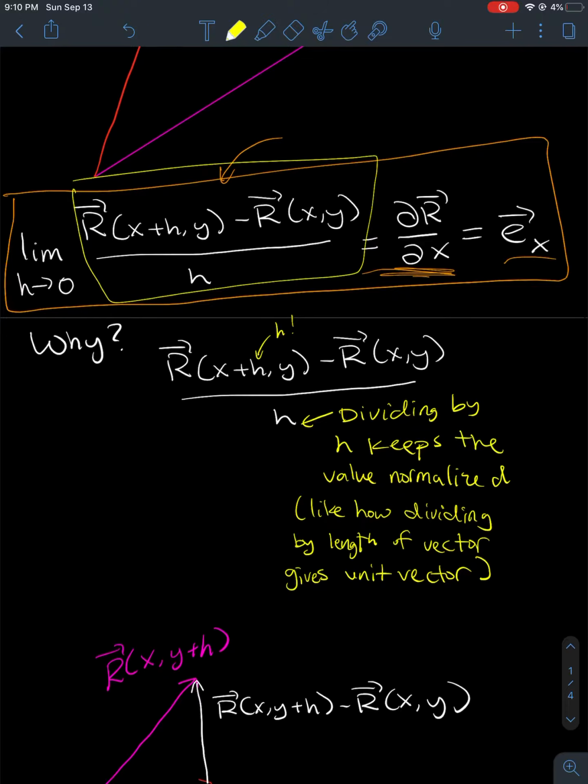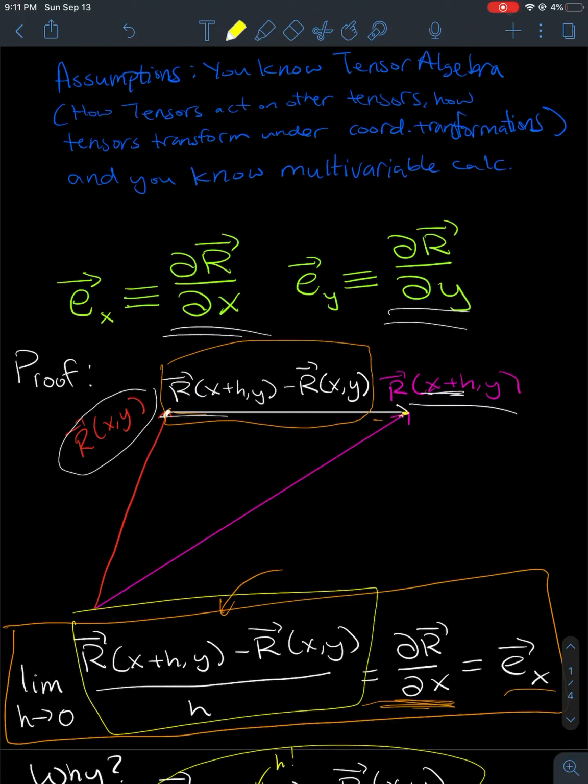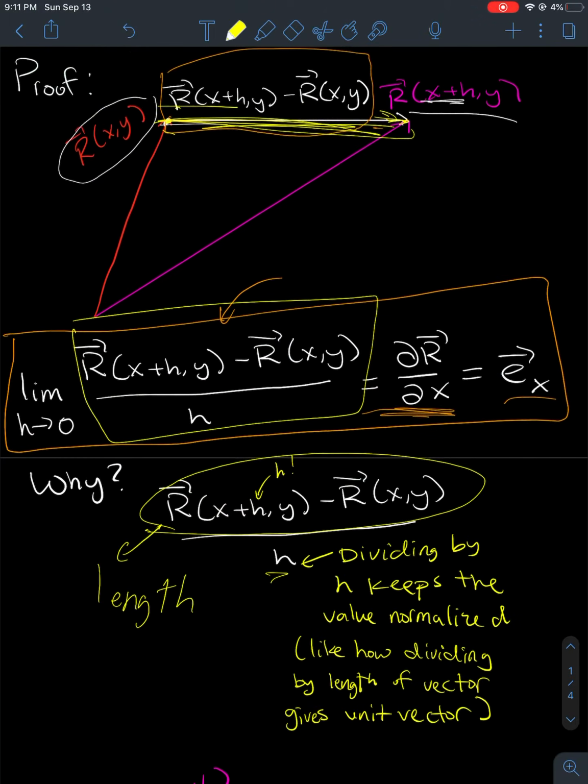Well, what we're really doing is dividing by h, and this over here is pretty much the length of the vector. When I subtract this by this, I'm going to get the length. You can think of this vector as just the length, okay?